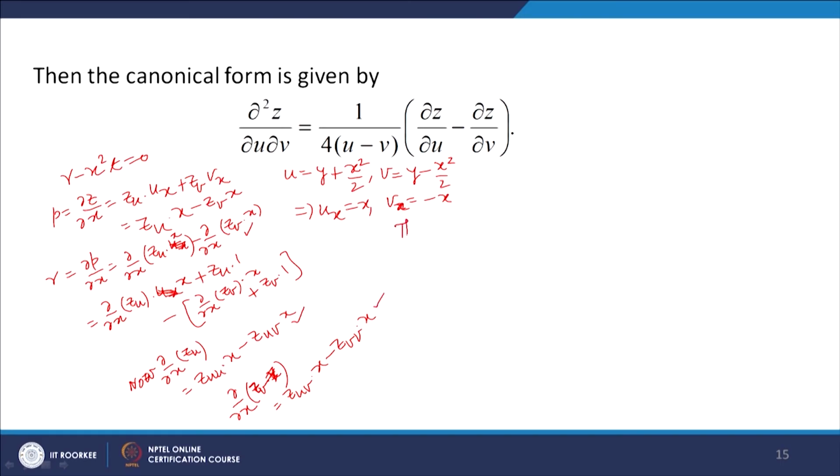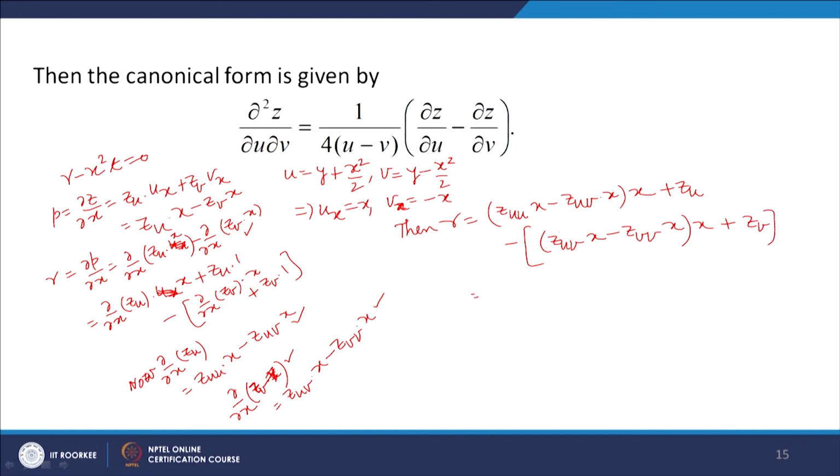So, R is equal to the partial derivative of zu with respect to x, which is zuu into x minus zuv into x plus zu, minus, now let us put the value of the partial derivative of zv with respect to x here, zuv into x minus zvv into x plus zv.